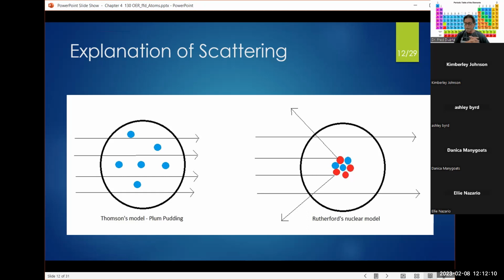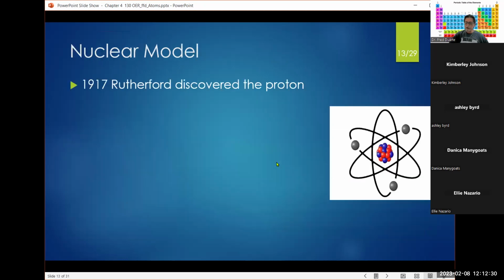And sure enough, that's where our model is, where the nucleus consists of the proton with a positive charge. And then the electrons, we're going to learn, are orbiting around the nucleus in specific energy levels, okay? Specific energy levels.